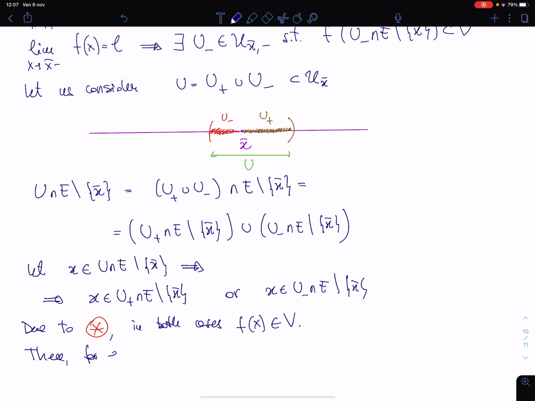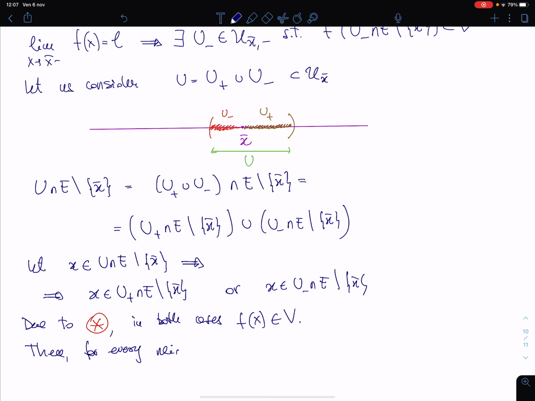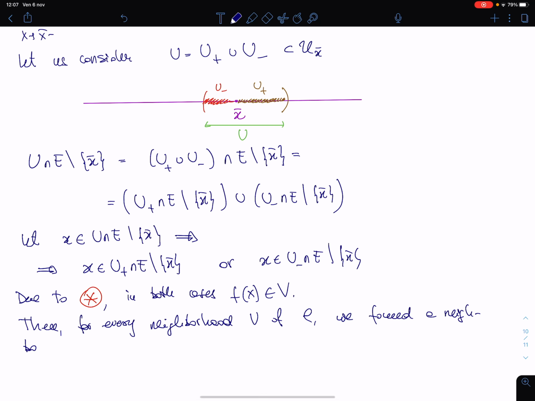Then, for every neighborhood V of L, we found a neighborhood U of x bar that is mapped in V by f.